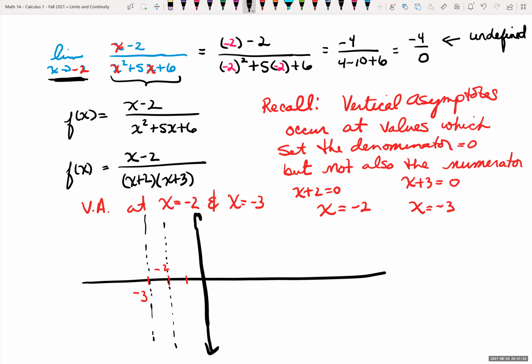Let's look at that. So if I look at the limit as x is approaching -2 on the left-hand side of this x minus 2 all over, I'm going to keep it in factored form just so we can talk about positive and negative numbers without actually calculating things. So x plus 2, x plus 3.